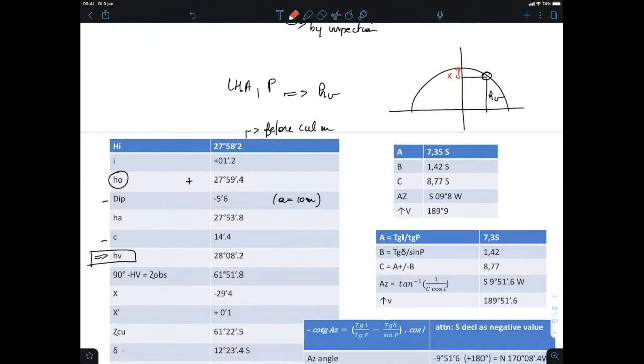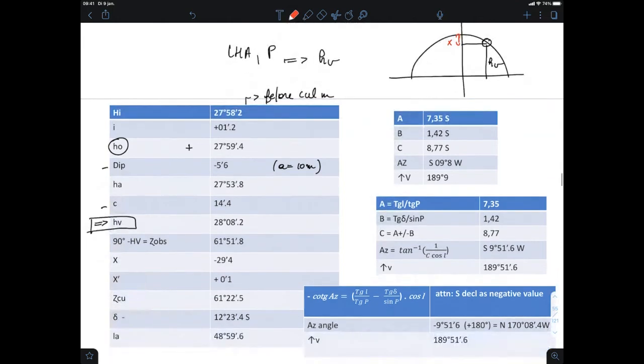So you either try to calculate now the correction and add it to the Hv, or subtract it from the zenith distance. In this case, what have I done? I have immediately subtracted my altitude from 90 degrees to get a zenith distance at the moment of our observation. And so we have to subtract, in this case, the correction from our zenith distance.